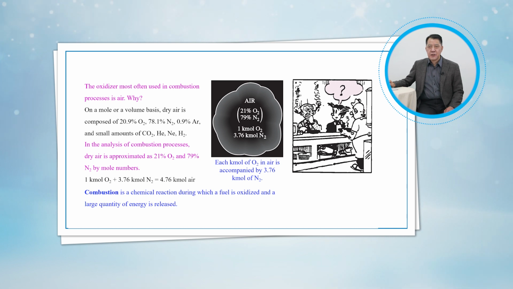During combustion, nitrogen behaves as an inert gas and does not react with other elements, other than forming a very small amount of nitric oxides.